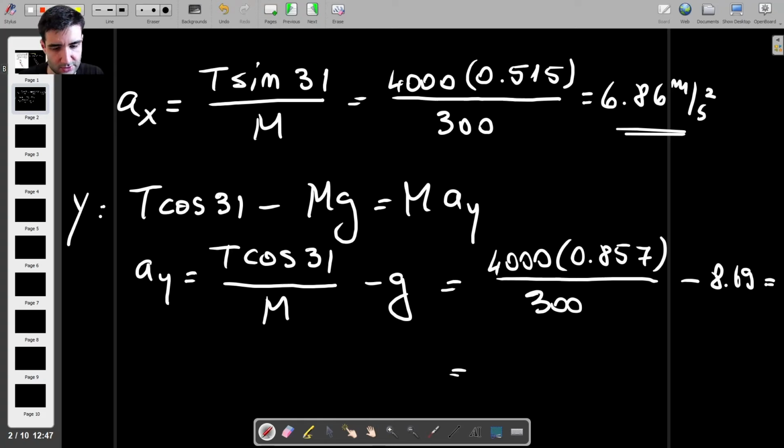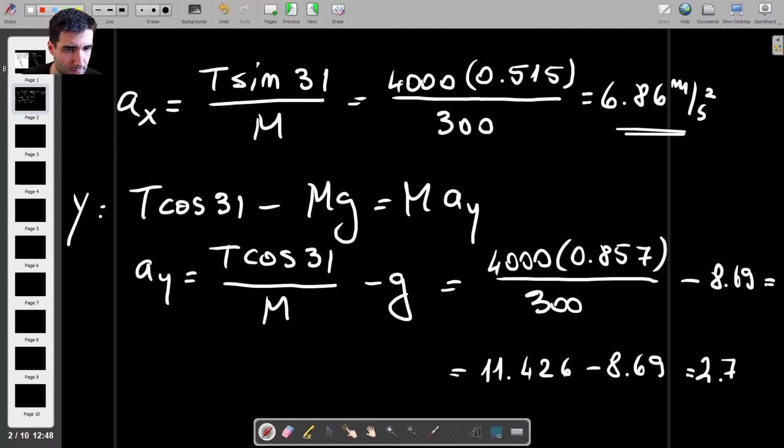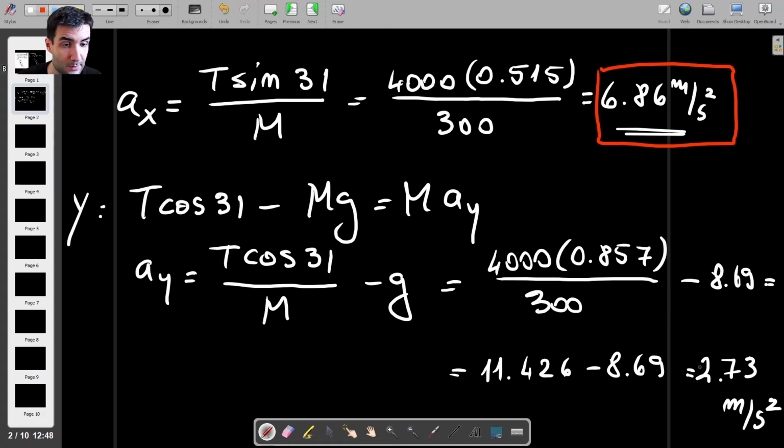So the first fraction is going to be about 11.426 minus 8.69, and that is approximately 2.73 meters per second squared.